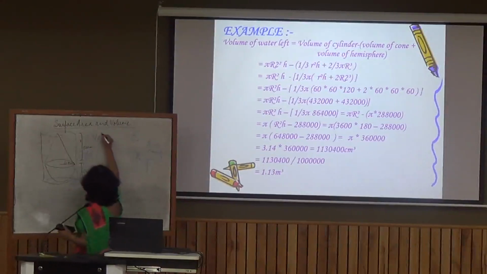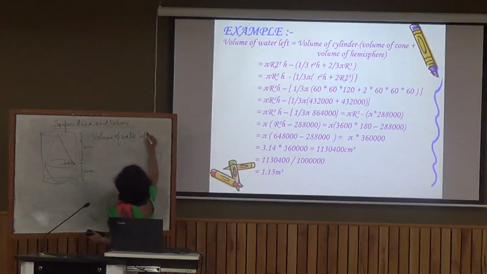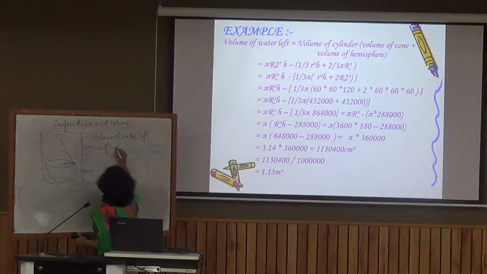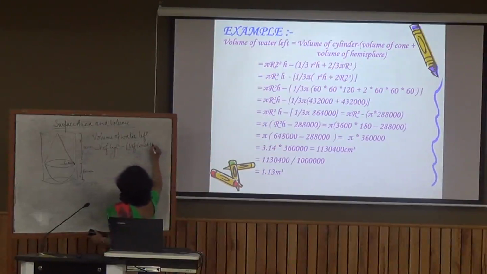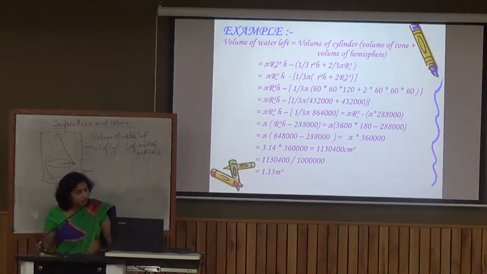We do volume of water left, putting all the values being given, we can calculate what volume of water is left inside the cylinder when we put this combination of solids inside the cylinder.